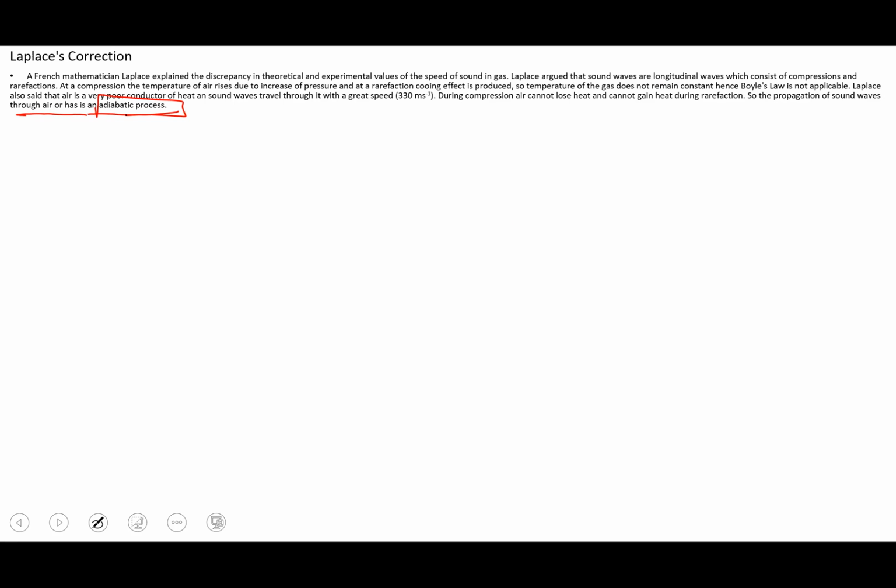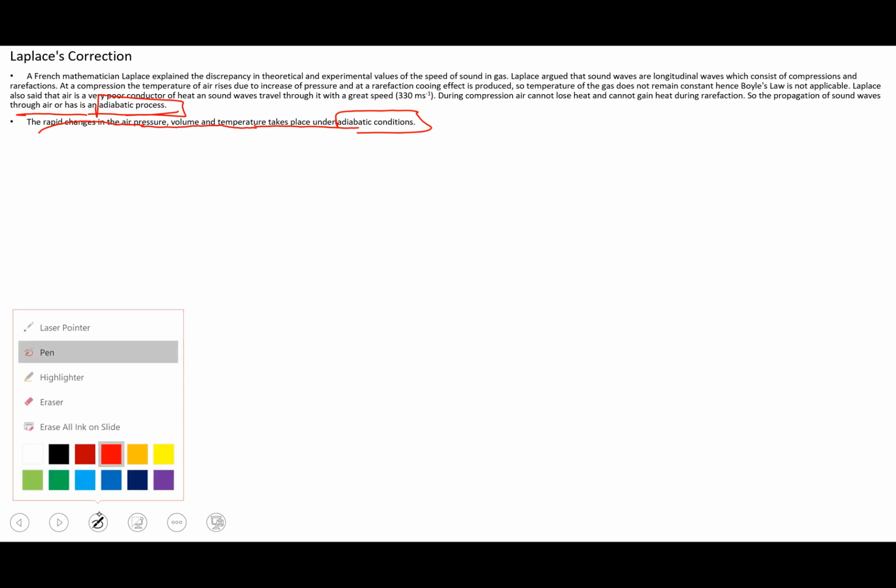Now, what is an adiabatic process? It is the rapid change in air pressure, volume, and temperature that takes place under adiabatic conditions. That means sudden changes in the temperature. If we consider this adiabatic process, we have to consider a new value, which is gamma in this case.